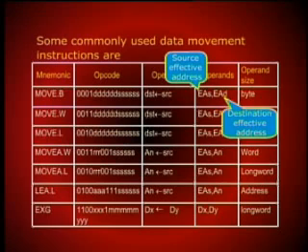Similarly, the 6 bits indicating SSS, that shows the source operand, and we need to calculate the effective address of the source operand using the information of the mode and the register available in one of the tables given in the book. And this particular operation would mean that the contents from the source are taken to the destination.